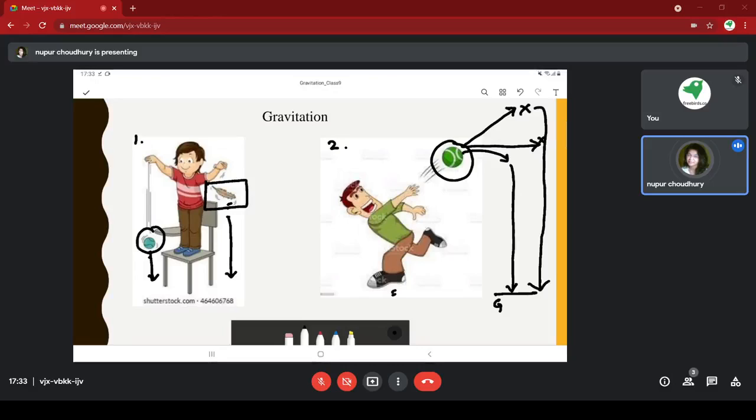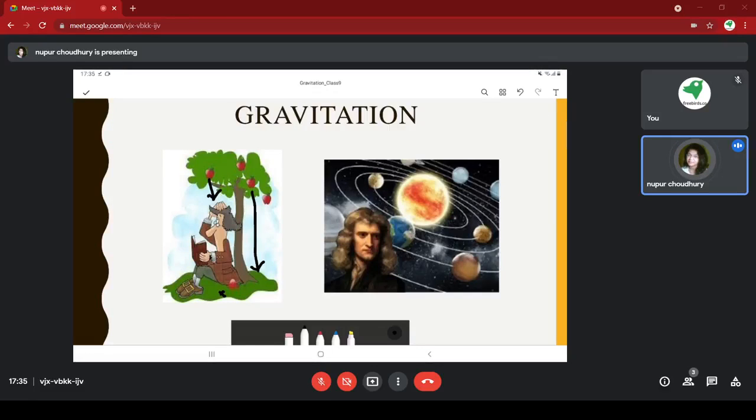While he was on a walk in his garden, he saw an apple falling from a tree to the ground, and that made Newton think what it is which is pulling the apple towards the ground and not anywhere else. It is not going upwards, or moving in a horizontal direction, but simply moving towards the ground.